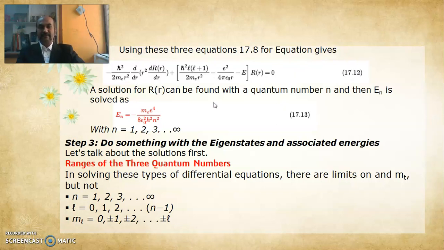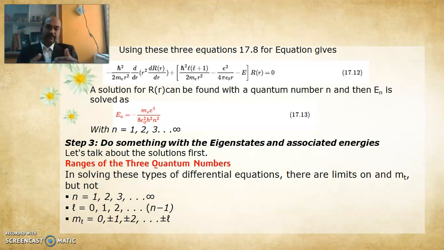A solution for R of r can be found with a quantum number n, and then the energy E of n is solved as E of n is equal to negative of me into e to the power 4 divided by 8 epsilon naught square into h square by n square, and this is equation 13, where the value of n is a positive integer, that is 1, 2, 3, 4, 5, 6 and so on till infinity.